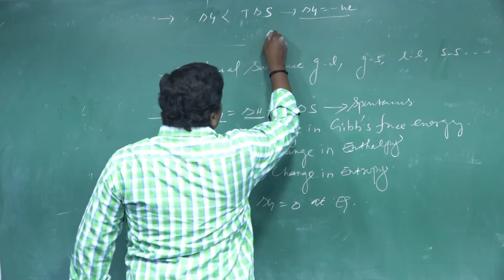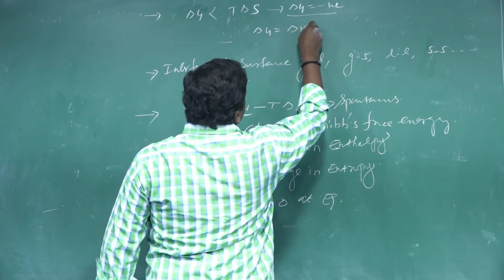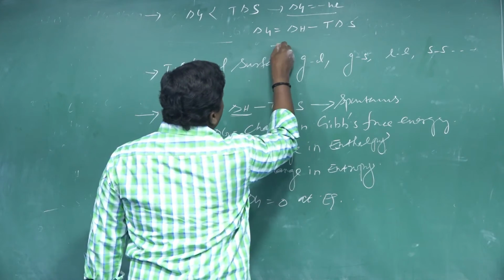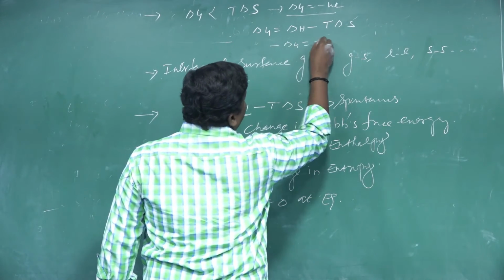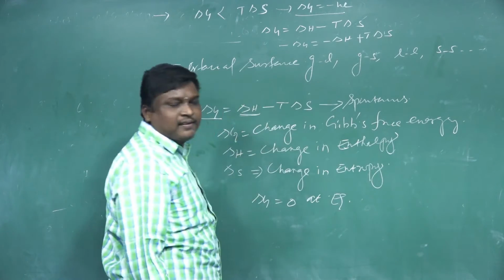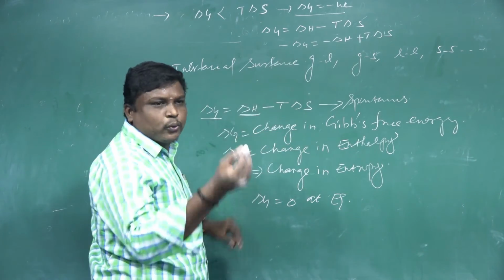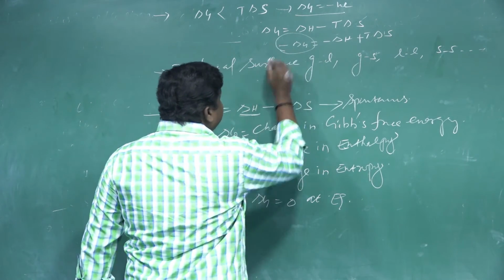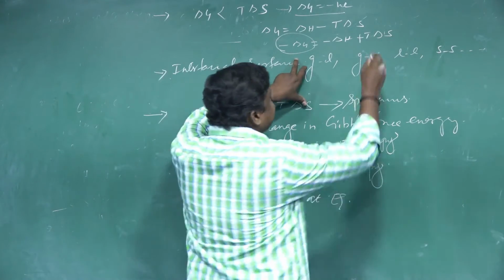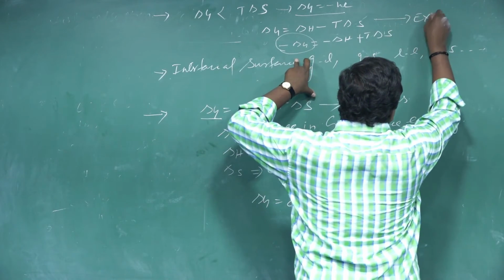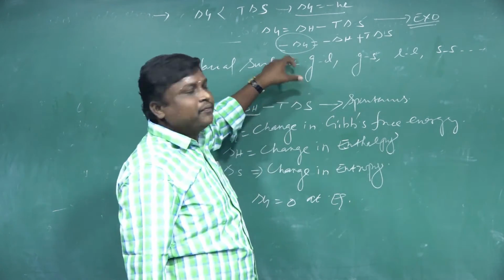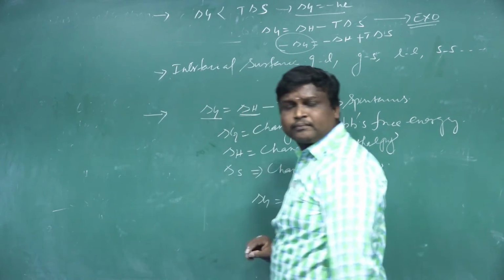So del G equals del H minus T del S. Change the sign: minus del G equals minus del H plus T del S. So change in Gibbs free energy is negative, it decreases. When a reaction becomes spontaneous, the reaction is exothermic. Next one, adsorption.